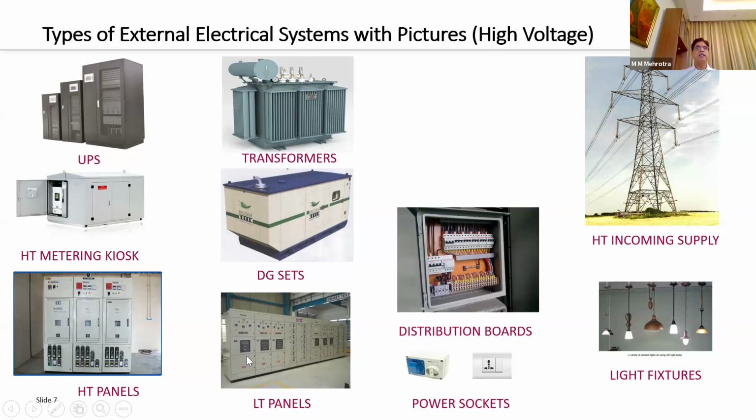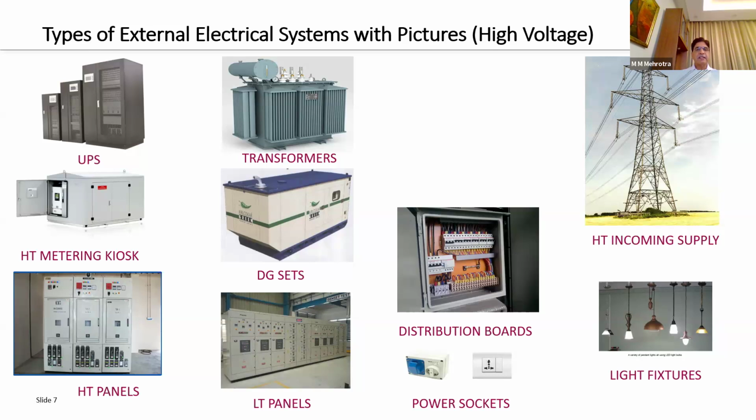This building can be multi-storied, or it can be a single-storied building. Suppose it's a hospital, it will have 10 wings, and every wing will have some separate control. At the same time, we also have DG sets for our standby supply.